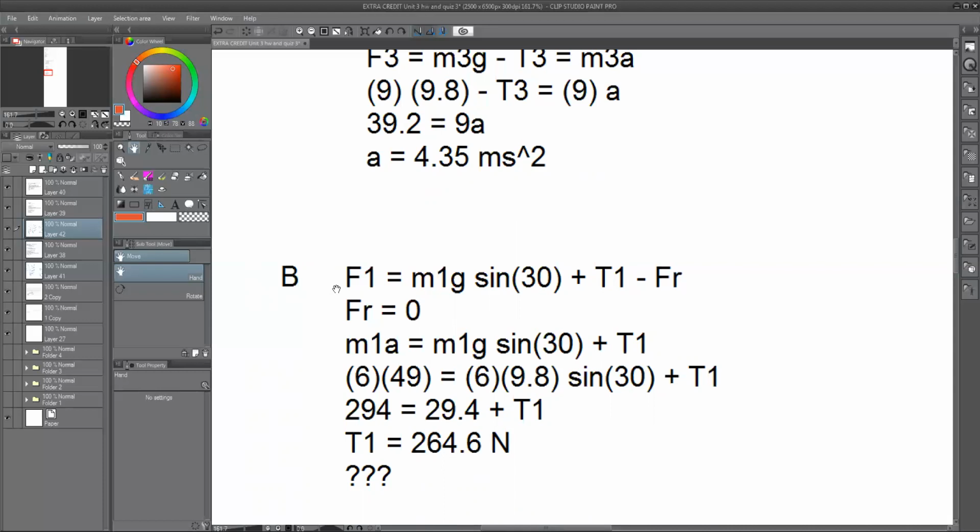And we know that the force is equal to mass times acceleration always. So we can make the equation: mass times acceleration of block 1 is equal to mass of block 1 times gravity times sine 30. This is all the x component of the weight, plus the tension that is holding up block 1. And once we plug in everything, we can solve for T1.